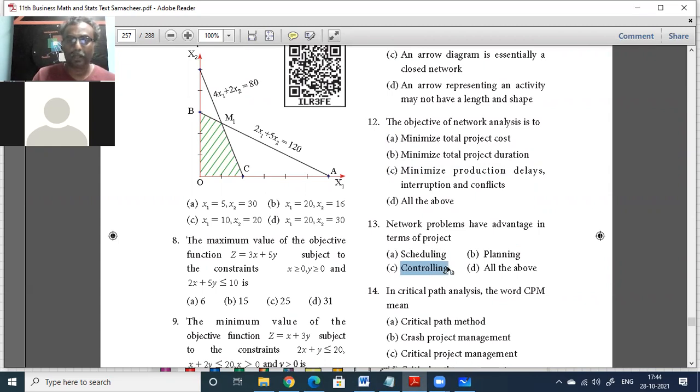So it's all of the above. Mainly scheduling, but planning and controlling also. When something goes wrong, the network diagram will be changed. All of the above, correct.